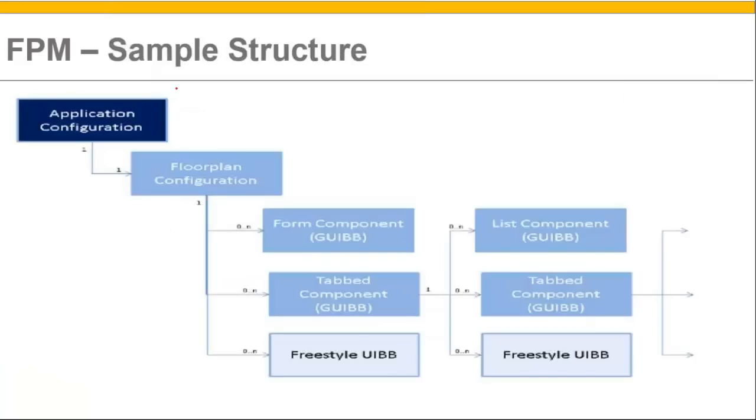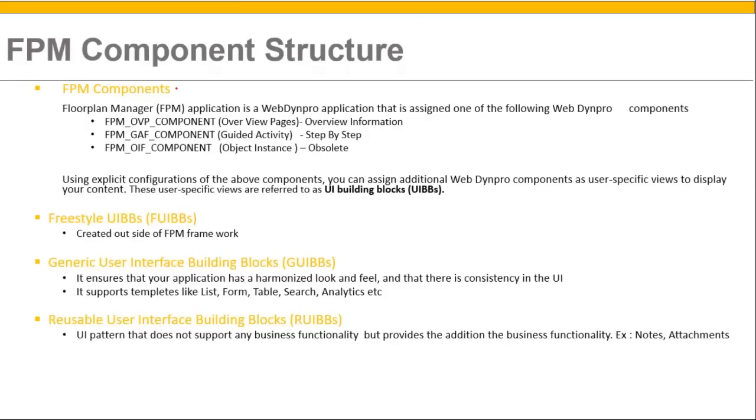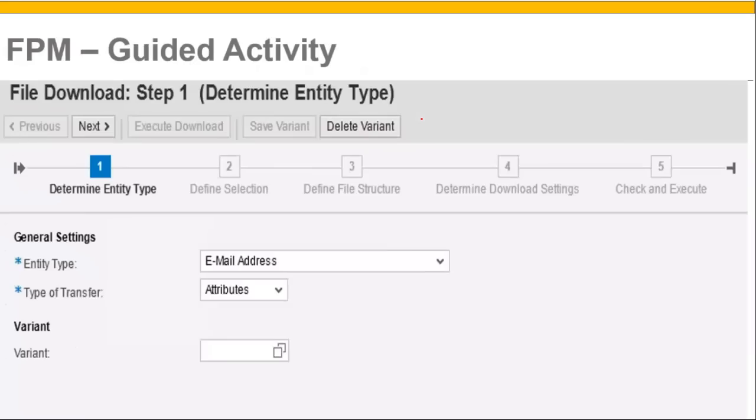Which is the GAF component, which is the OVP, and which is the other one? How can we differentiate the components?